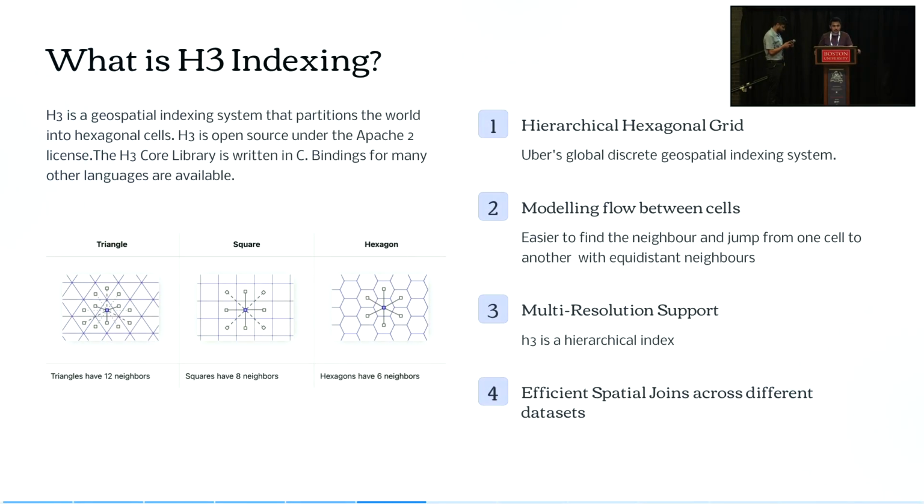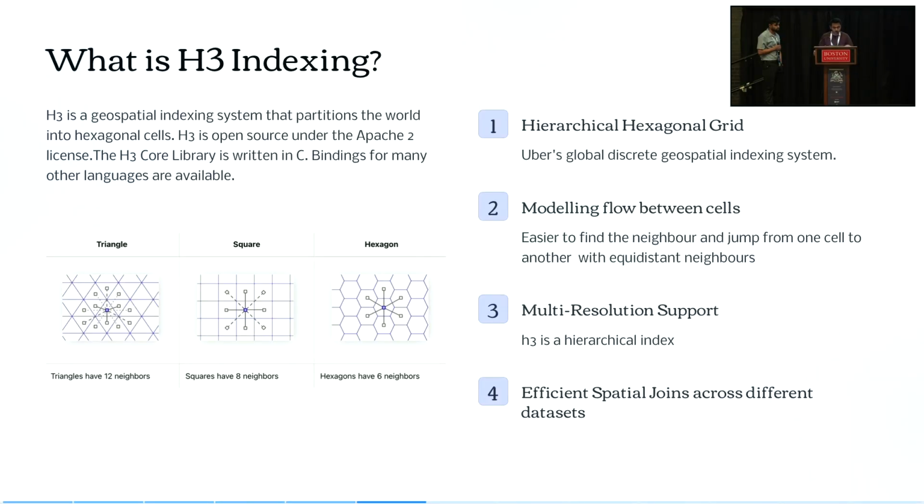So what is S3 indexing? S3 is a geospatial indexing system that partitions the world into hexagonal cells. You can imagine a beehive, where all those cells are hexagonal segments. S3 is open source under the Apache 2 license, and the S3 core library is written in C, so bindings for many other languages are available too.